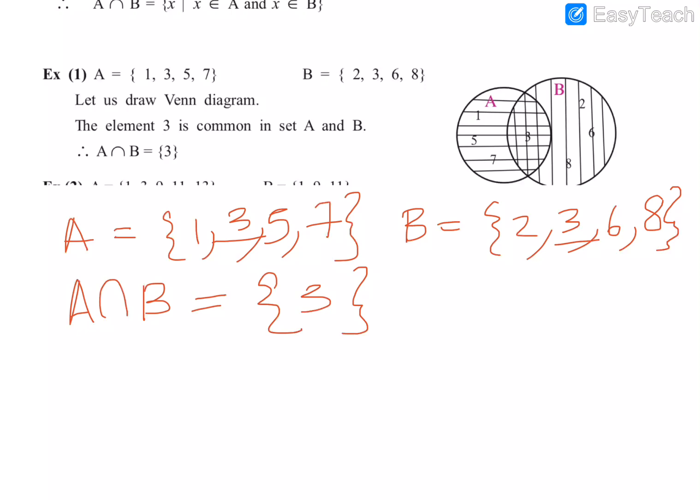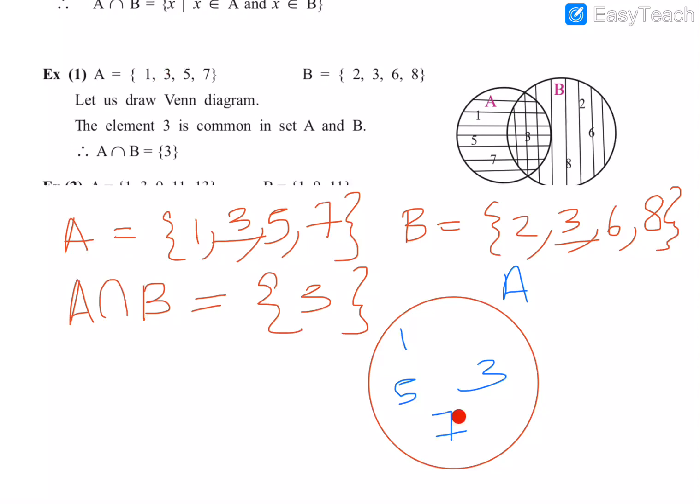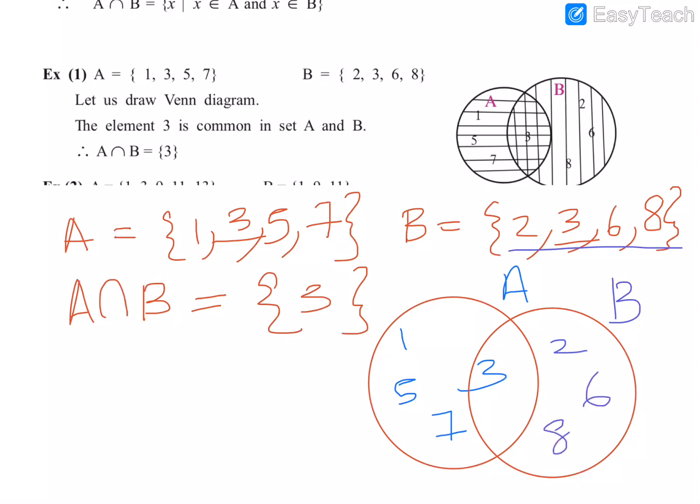So now let us represent it using a Venn diagram. This is the set A. The elements of set A are 1, 3, 5, 7. Now let us draw B. So this is the set B. So the elements of set B are 2, 3 is already inside B, 6 and 8. So A intersection B will be like this.